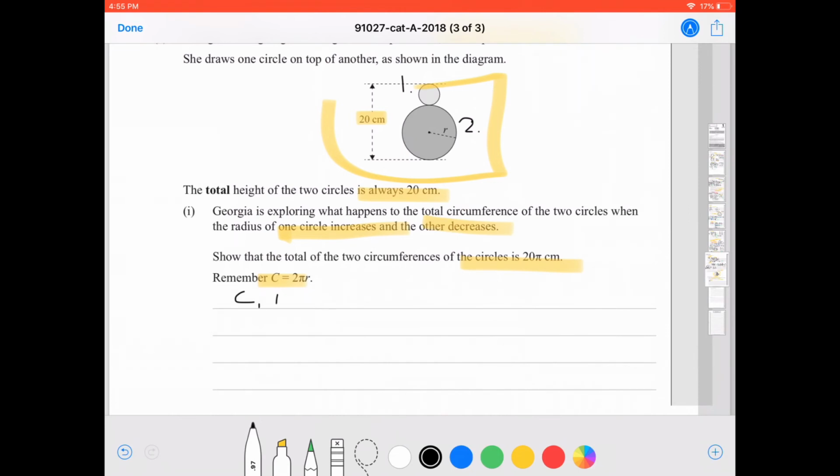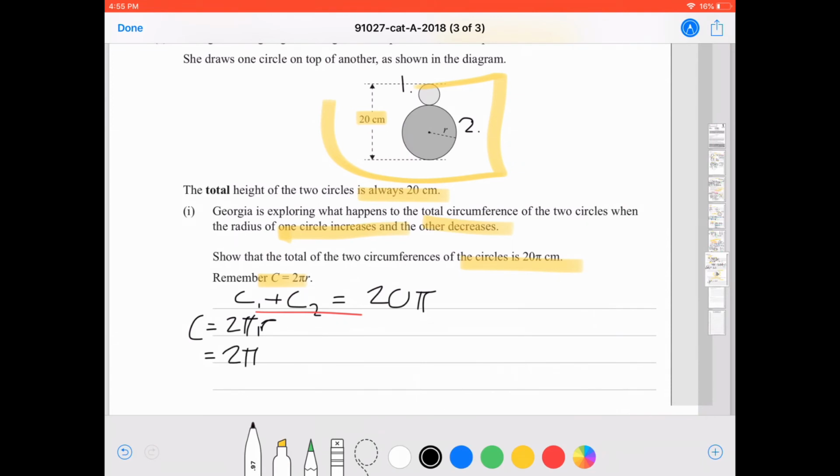Circumference of 1 plus circumference of 2, and we have to show that this will equal 20 pi. Remembering that C equals 2 pi r. Okay, so I think we can say for the first circle, okay, basically expanding on this equation here, this top one, we've got 2 pi.